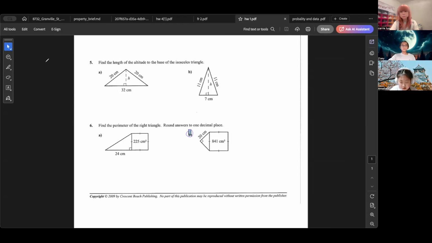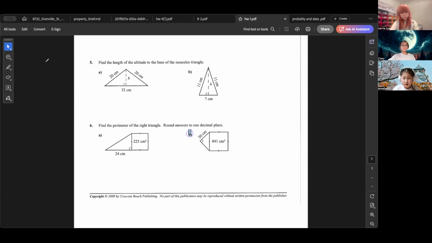Carrie, what's the square root of 441? Zoe, can you help? The square root of 441 is 21. Thank you. Okay, finished.